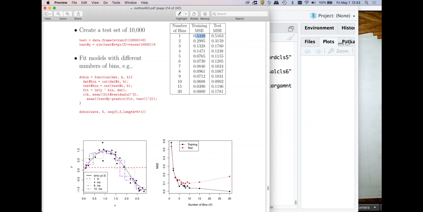To choose the number of bins, we'd want to find the bottom of this, which looks like somewhere around 7 or 8. You don't always want to go all the way to the end. So I would pick somewhere in the 7 or 8 range. When I look at the actual numbers here, it looks like 7 is the optimal number.